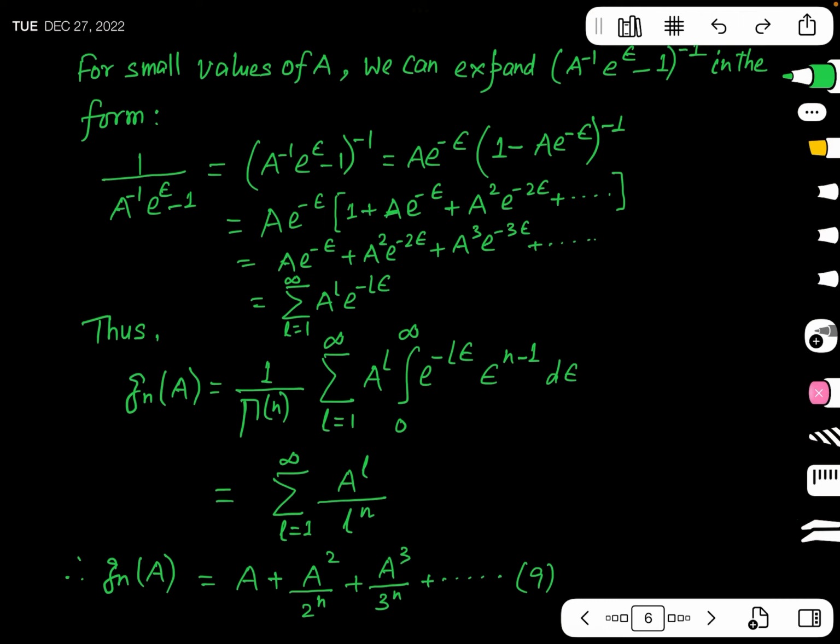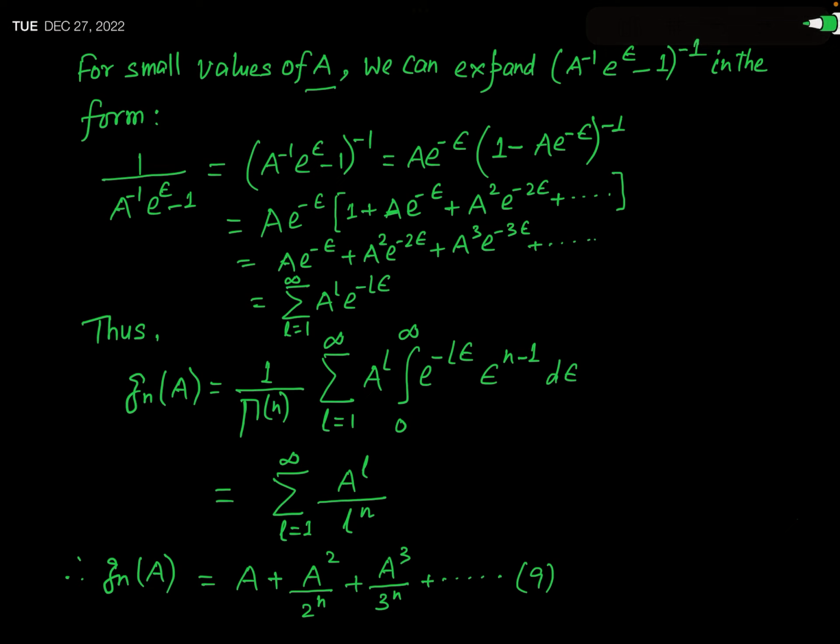You can see actually our consideration is that a is very small, because a is equal to e to the power mu by kt, and we have considered that this is much smaller than 1, so a is very small. So taking the value of a much smaller, when we try to expand this, what will be our result? Actually, this expansion has been already done previously. This can be written as a inverse e to the power epsilon minus 1, whole to the power minus 1.